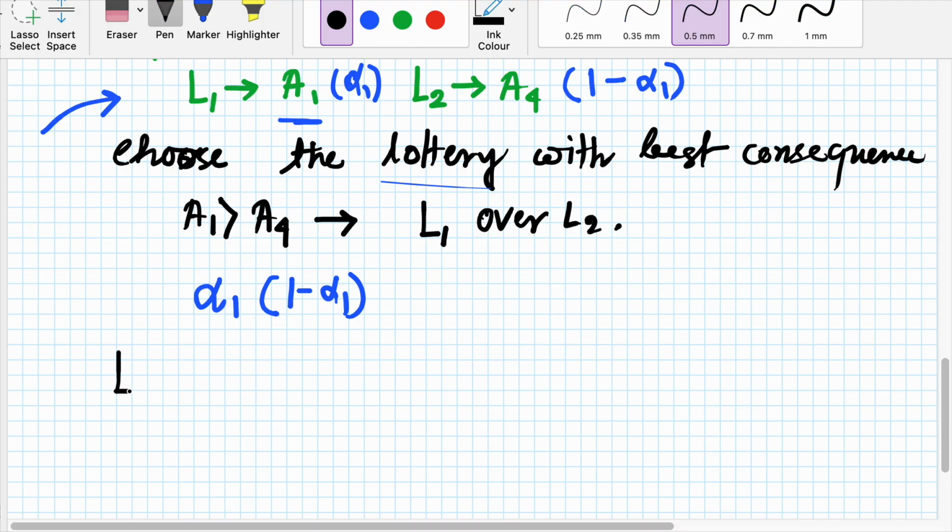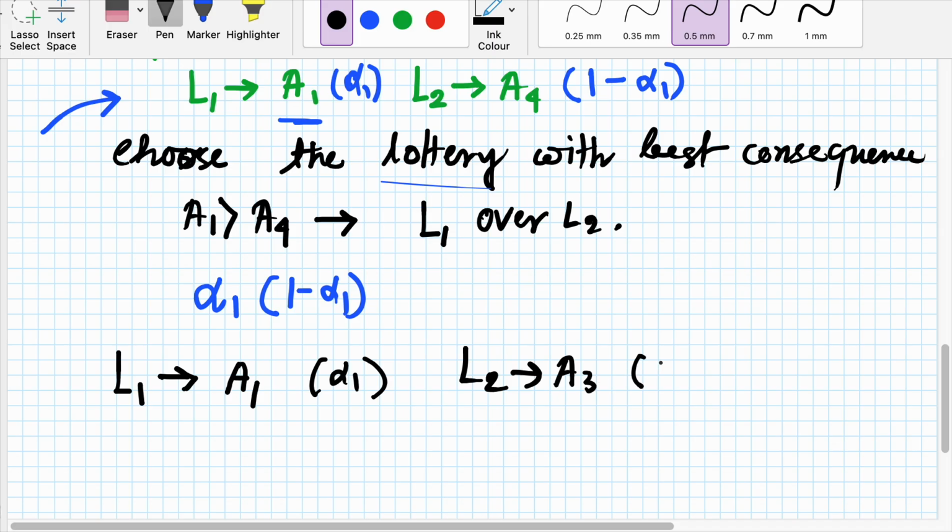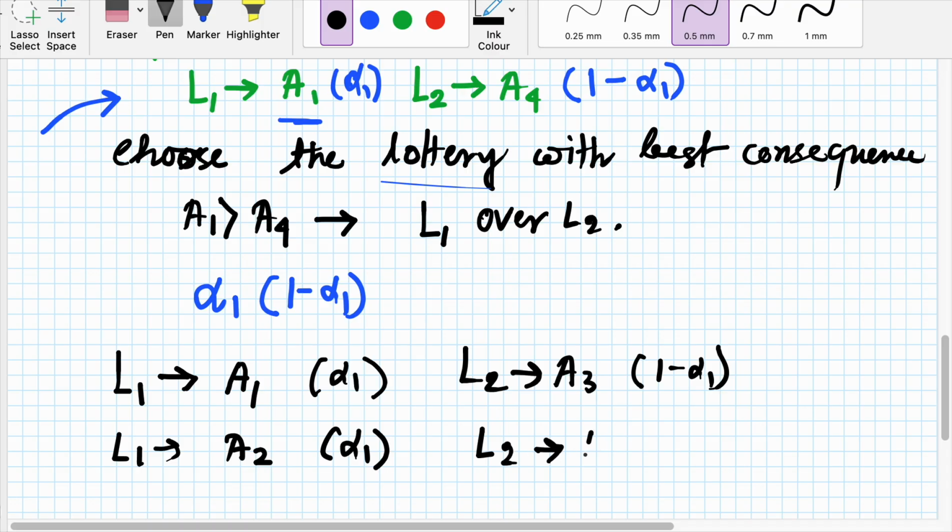She might equally find that when she bought the ticket L1, it is going to give her a prize A1 with probability alpha 1, and L2 will give A3 with probability 1 minus alpha 1. Similarly, L1 is going to give her A2 with probability alpha 1, and L2 is going to give her A3 with 1 minus alpha 1.